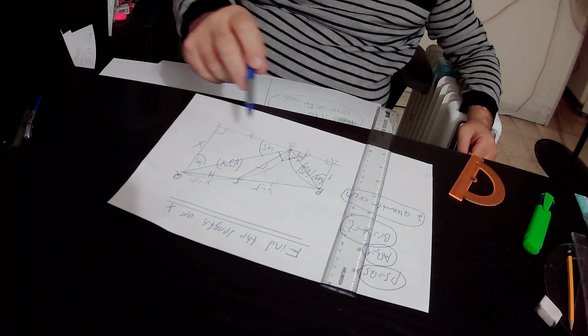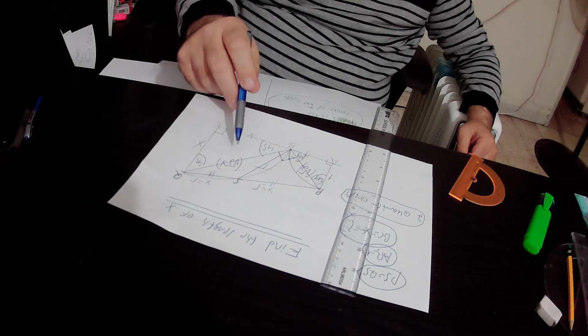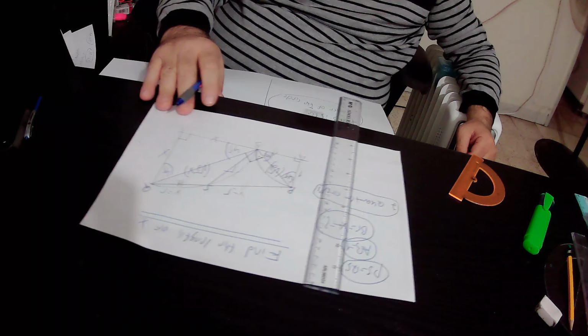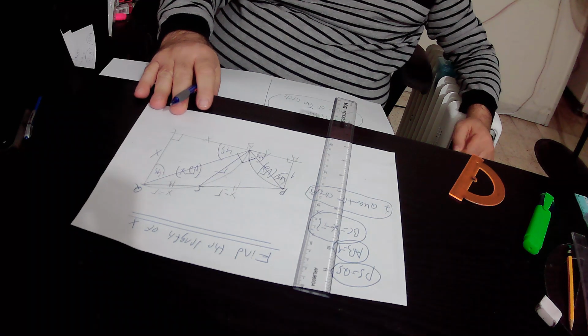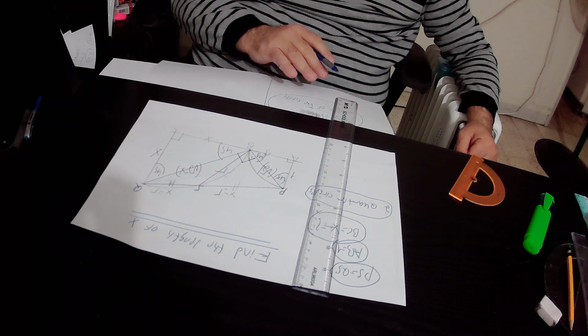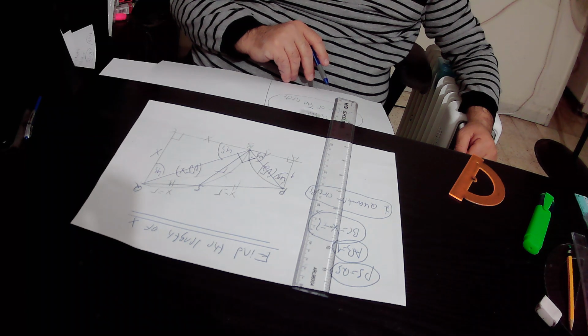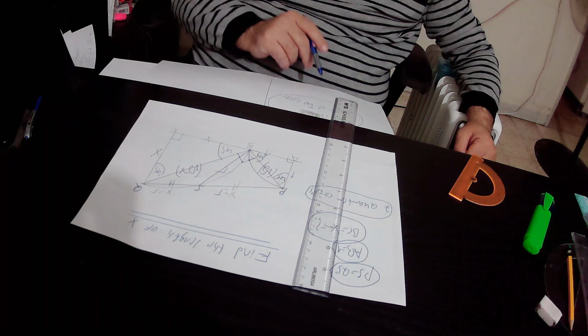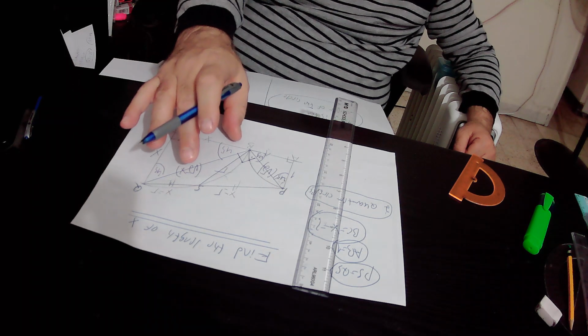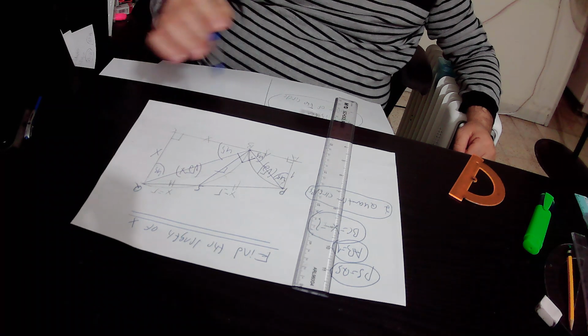All those three line segments are the radii of the previous circle, therefore they are equal to each other. Okay, so in the next step we will do a construction, that is to say we will complete this big quarter circle to a circle.